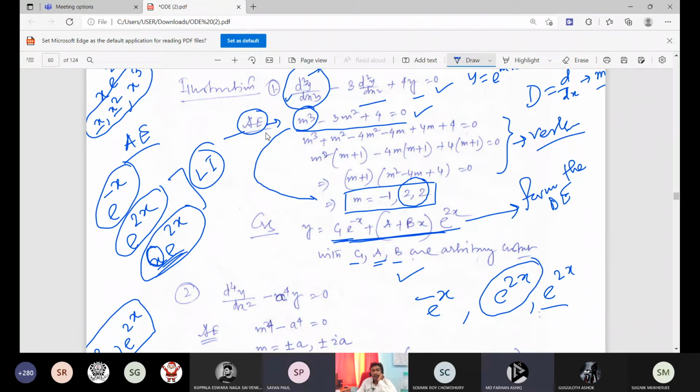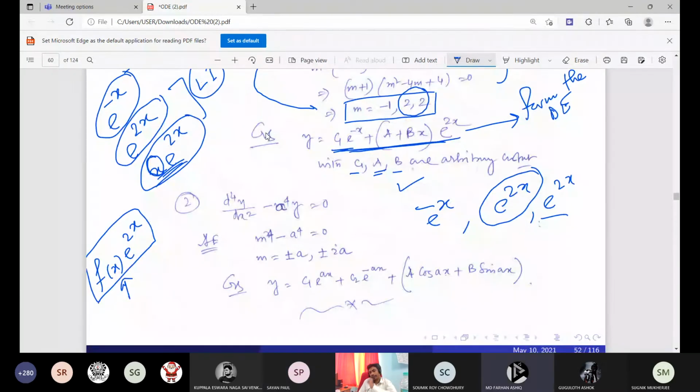A second order derivative will be there. And a first order derivative will also be there for some problems. Yes or no? Yes, sir. So all order derivatives will be there.